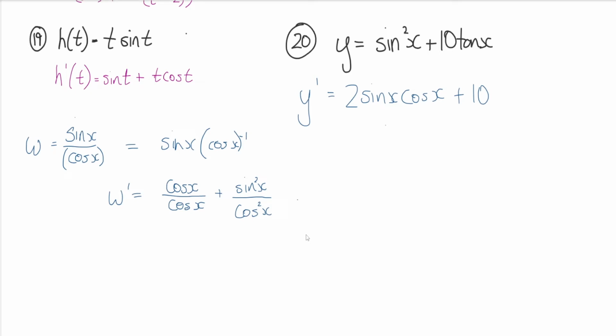Is that right? I feel like I did something wrong there. So we get 1 plus tan squared x. Something went wrong there.